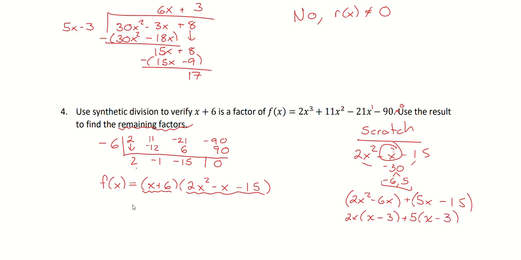So I'm going to come back over here then. I'm going to let x plus 6 come along for the ride. What was another one of my factors we just discovered? 2x plus 5. The front pieces. And one more factor? X minus 3. I have now confirmed that this was a factor, and furthermore, I've used the result of my division to find the other factors.